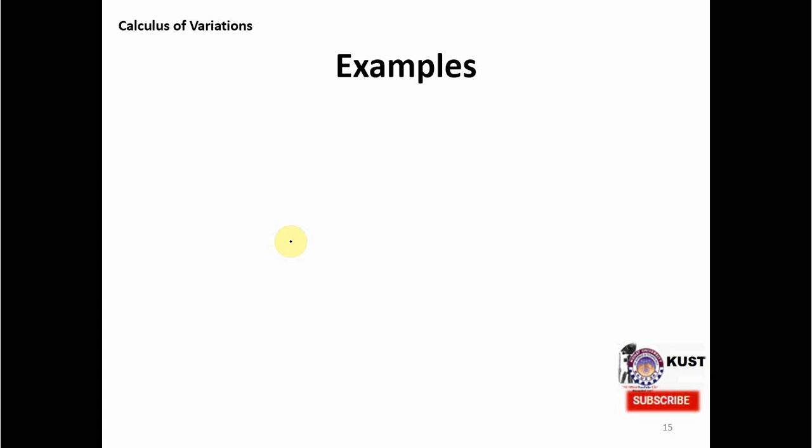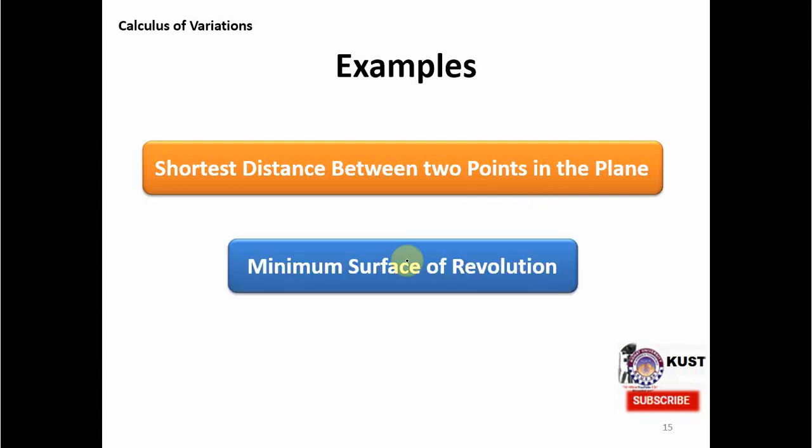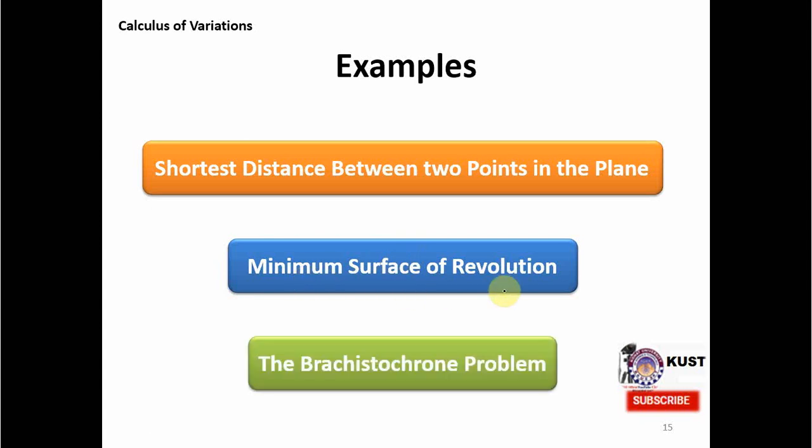The first example is the shortest distance between 2 points in the plane. Can we calculate this using the calculus of variation? This we will see. Another interesting example is the minimum surface of revolution, and the third example is the brachistochrone problem. The second and third examples are left as an exercise for you to calculate.